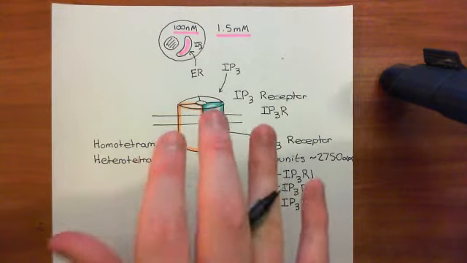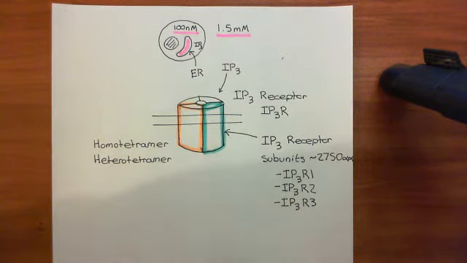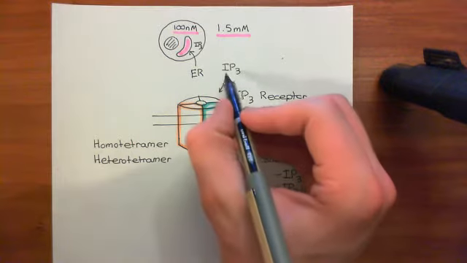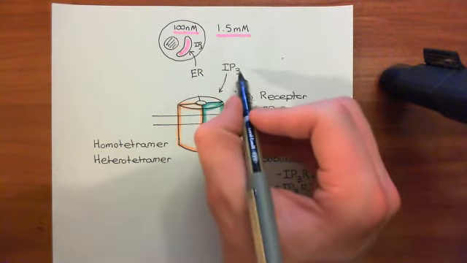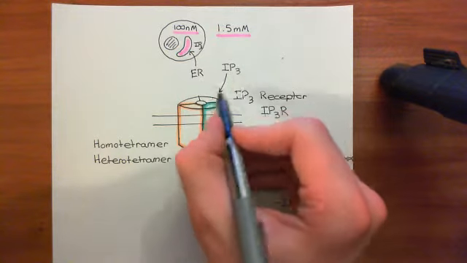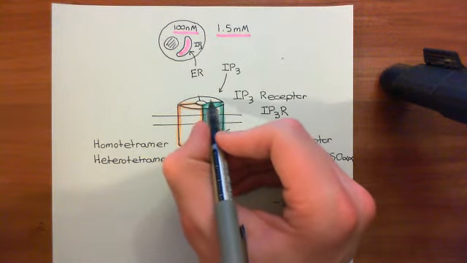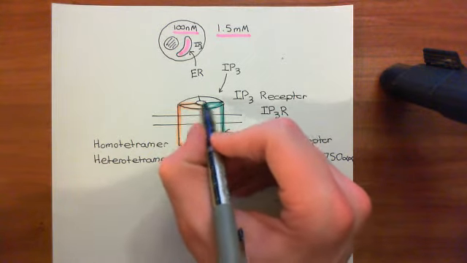We're just going to paint an oversimplified, but a good oversimplified picture. The oversimplified picture that we are going to use is that IP3 binds to the IP3 binding sites on these 4 subunits, and that causes the channel to open.